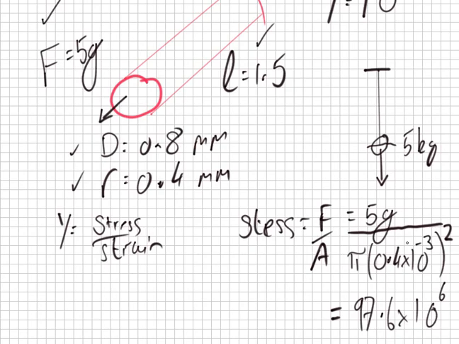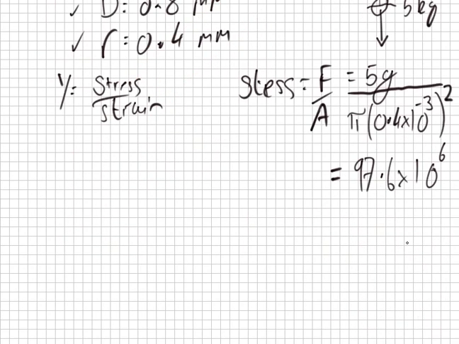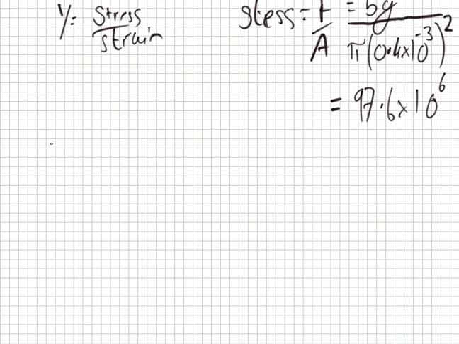Okay. That's stress. Now, we want the stretched length. So in other words, we want the extension, the delta L. Okay, so we have a formula for strain. Strain equals delta L over L. So therefore, what does delta L equal?